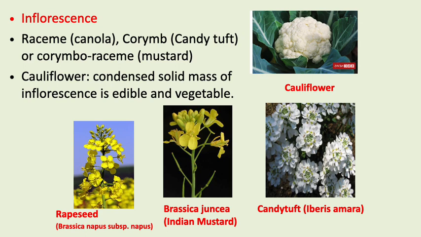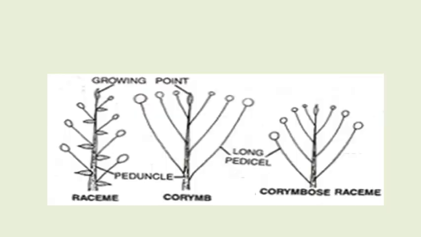You see the photographs of cauliflower, rapeseed, Brassica juncea, candytuft. This slide shows the differences between the three types of inflorescence: raceme, corymb, and corymbose raceme.